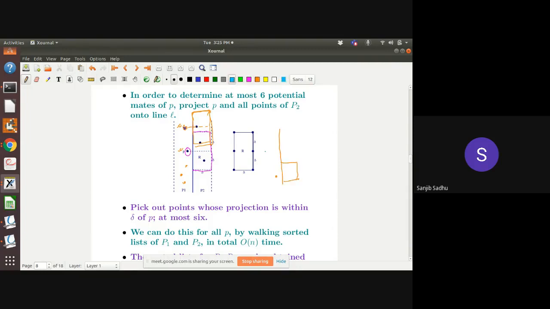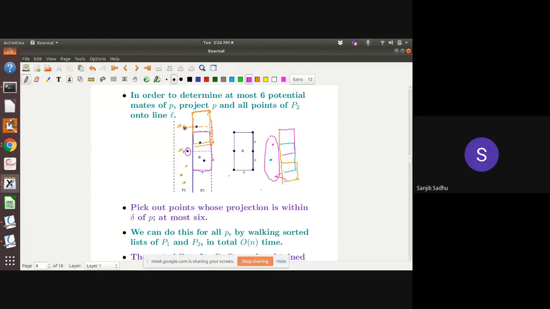Next, I am going to here, then I have a window like this. Next, I am going to here, then my window will go like this, and in this way I will compute. So if there are a linear number of points on this side, n by 2 or whatever it may be, I need 8 comparisons or 6 comparisons per point.